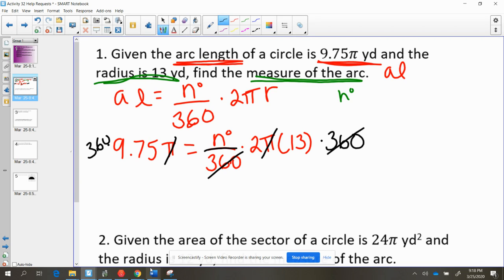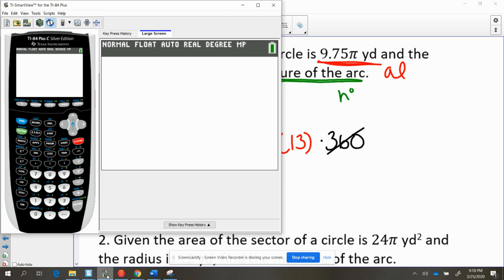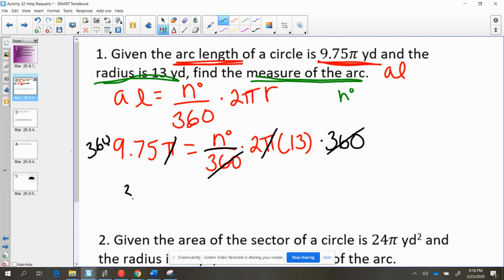On the left-hand side we take 360 times 9.75 and get 3,510, and on the right-hand side we have n times 2 times 13, which is 26.